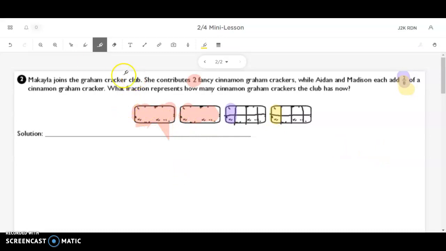So, let's think. This means we have 2 wholes, right? Plus 2/8 plus 2/8.